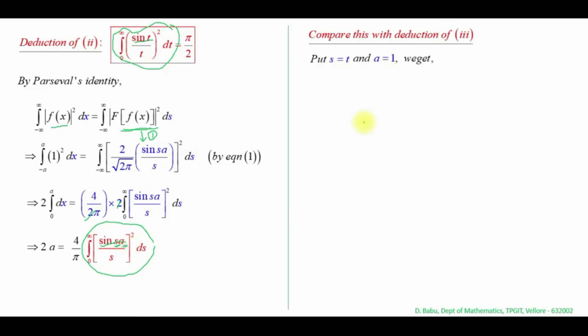So put s equal to t and a equal to 1, we get 2 into 1, which is equal to 4 by pi integration 0 to infinity sin t by t whole square into dt. So this implies 2 pi divided by 4, that is pi by 2, equals 0 to infinity sin t by t whole square into dt. So this proves 2, hence proved.